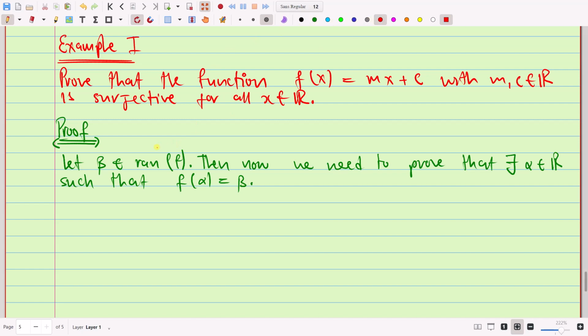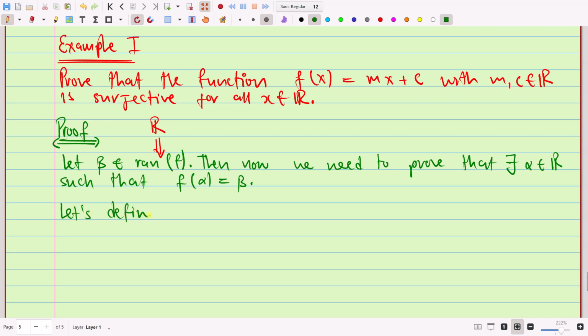So we have taken a beta element which lives inside the range. Remember, this range that we're talking about here is none other than the real numbers. Now I want to show that for any real number that I can pick in the range of the function f, there exists something in the domain which maps to that particular element. So how do we go about that? To do these kinds of proofs, you have to show that there is a way of constructing an alpha that will give you beta when you substitute it into the function.